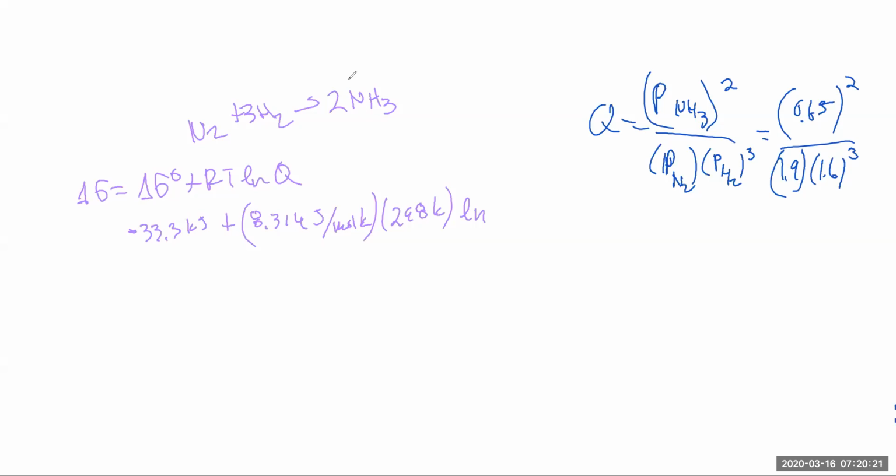And so now we just need to plug that in for our Q. So our Q becomes 0.65 squared divided by 1.9 divided by 1.6, 1.6 again, 1.6 one more time, and our Q has become 0.05429. So we plug that in into this part.